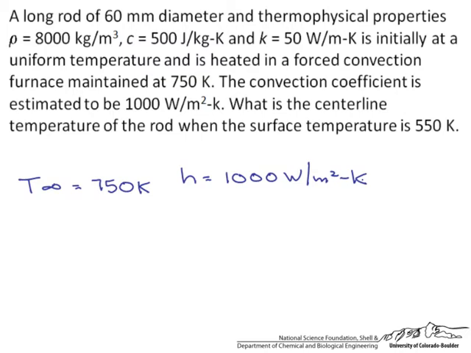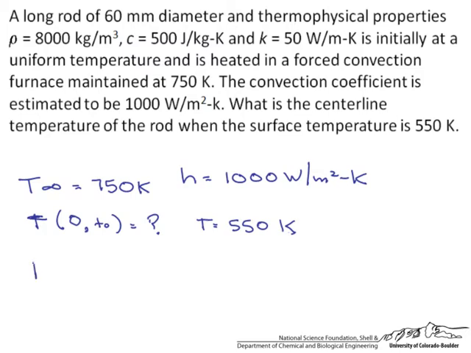temperature of the rod. So that's T, the temperature, at r equals 0, at a time when the surface temperature is 550 K. So the first thing that we have to do is calculate the Biot number.